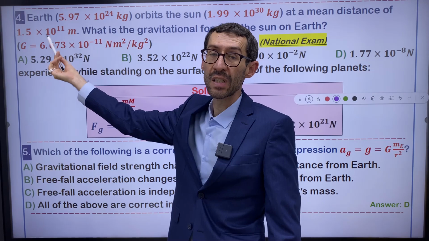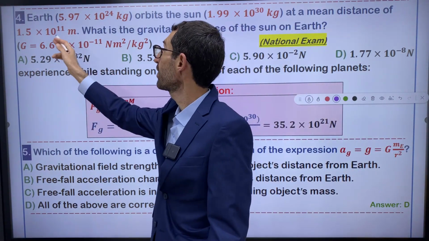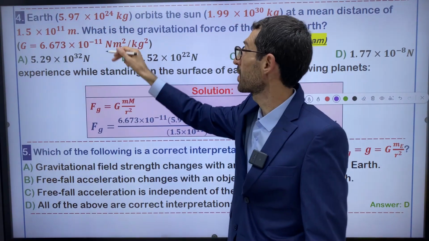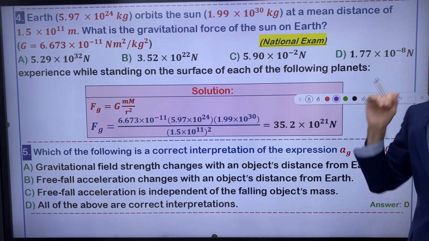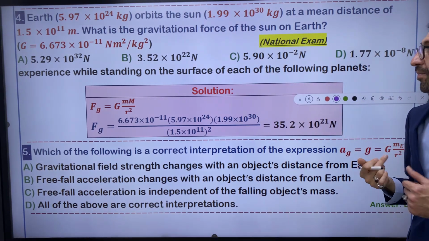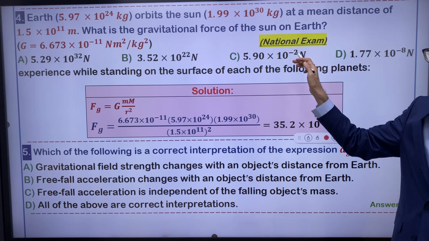This is the average distance between Earth and sun. What's the gravitational force of the sun on Earth? So we look for Fg, right? And by the way, this is a question from a national exam.